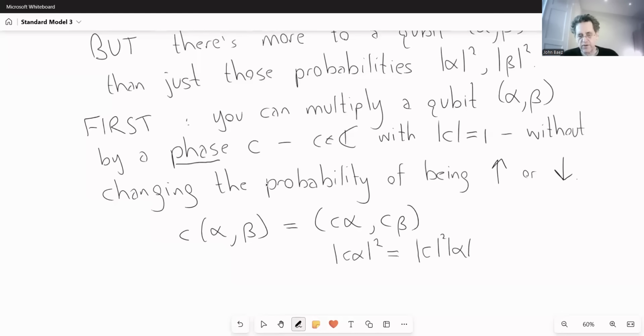And I've squared everything. Because a phase has absolute value 1, this is just the same as alpha squared. So we did not change the probability of the system being found to be in the up alternative when we multiplied its qubit by this phase C.